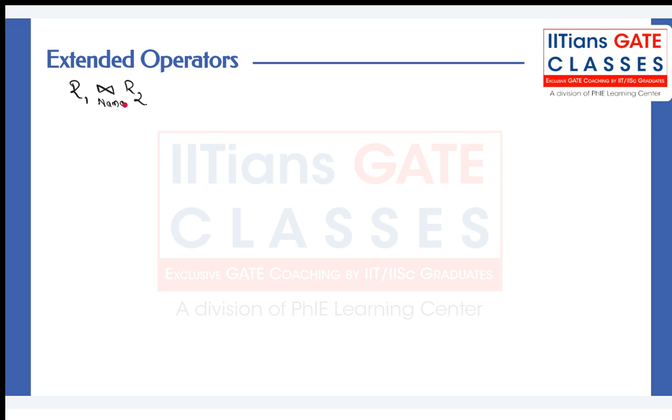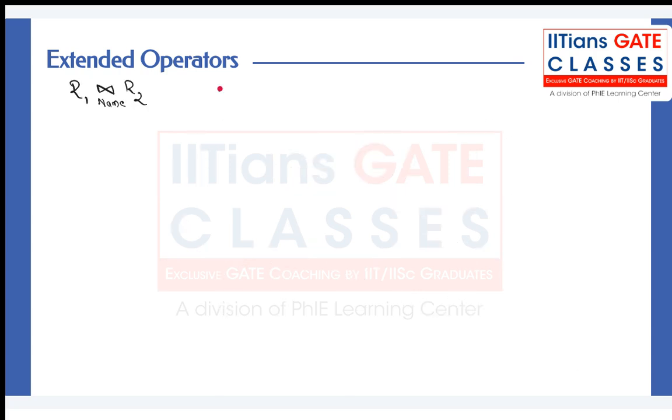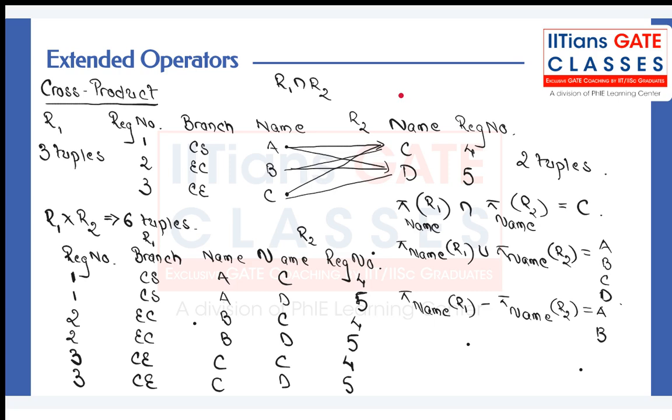So what should be the result then? The result will be you will have a registration number, a branch, a name, right? You will have these three, but you will not have all the rows.